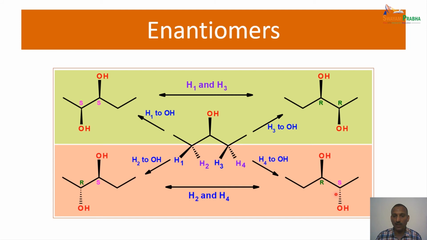And in the same way, H4, which is behind, is converted to OH. So that means these two again are mirror images. So here it is RS and here it is SR. Actually we have to come from the reverse. So this will become S and R. So that way replacement of H2 and H4 produces another set of enantiomers.